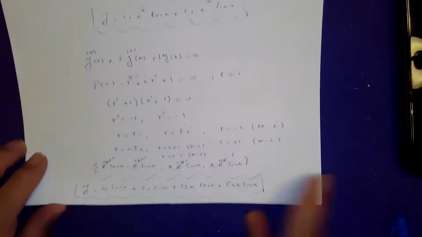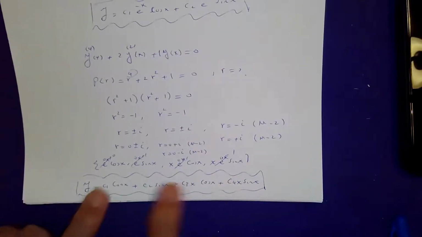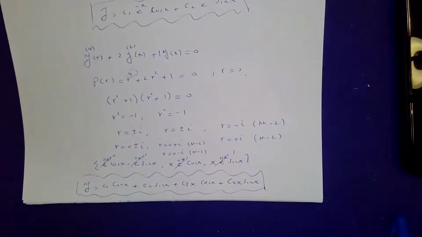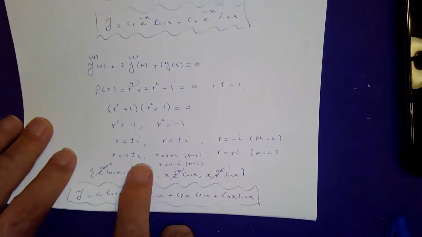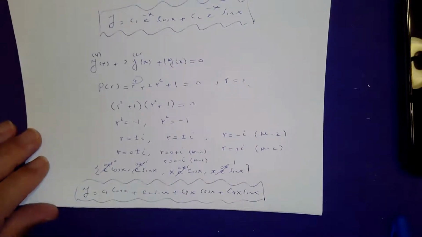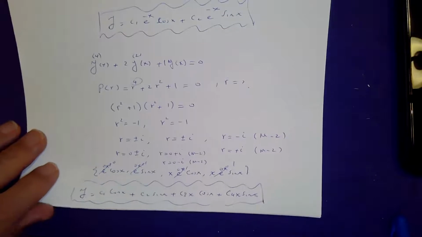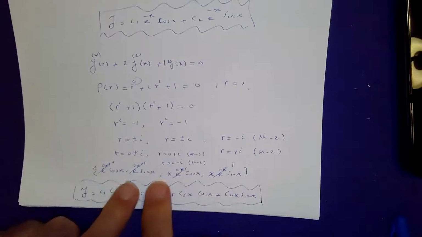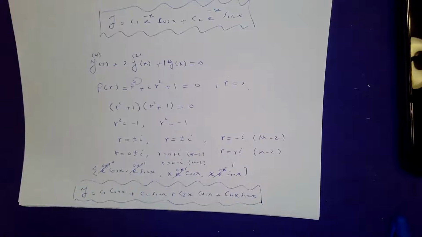Because it was 4, you have to have 4 C's, and they should not be combinable. We should have 4 fundamental solutions, and they should be linearly independent. That means there is no way I can combine any of these. They're not combinable. Do you see it? Are we good with that? Yes? We okay? Questions arise when you have what?